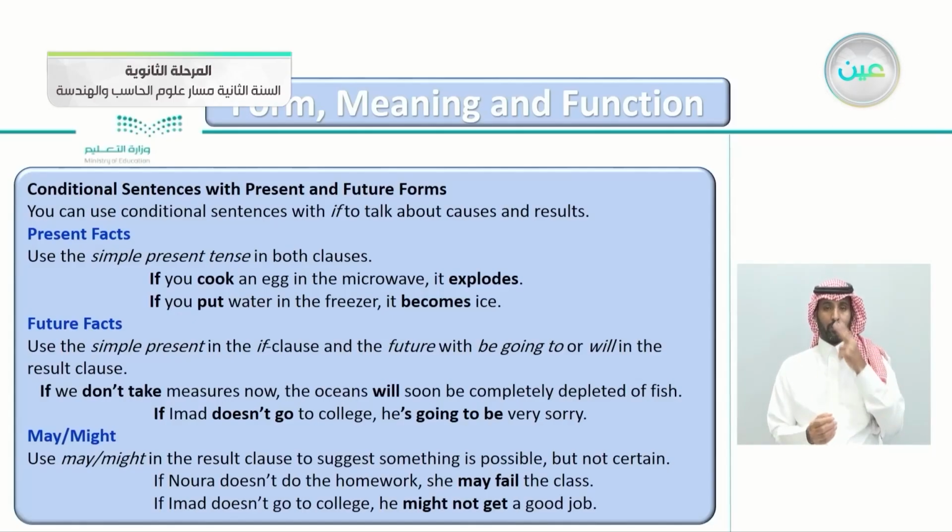Let's look at some examples here. If we don't take measures now, so this is the if clause, we use the simple present. Now we're going to the result clause. The oceans will, this is the future will, soon be completely depleted of fish.